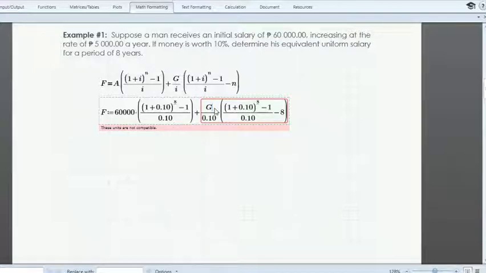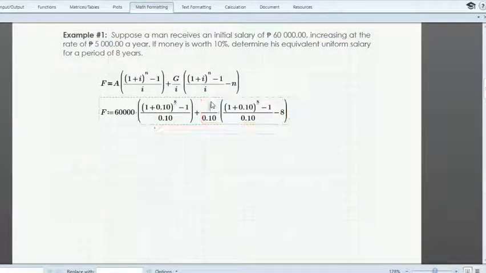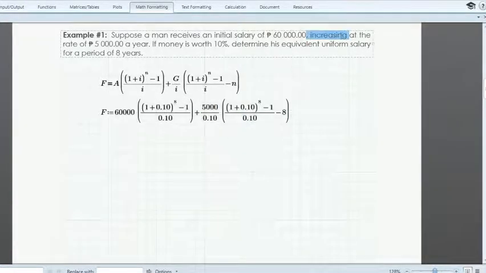Constant change dun sa series ng ating payment or ng ating salary. Ang sabi dito, increasing at the rate of 5,000 a year. So, si G is si 5,000 pesos. Ngayon, ang ginamit natin is plus kasi ang sabi niya naman ay increasing. So, plus ang gagamitin natin.